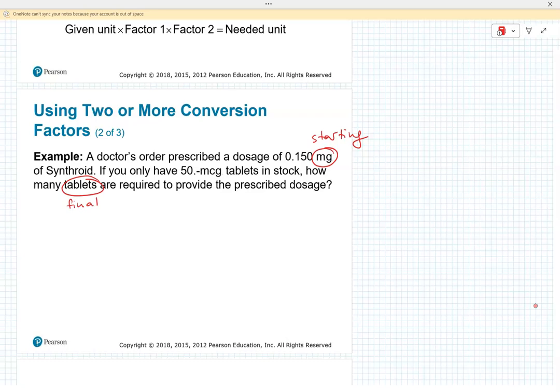Okay. So you start with milligrams and you end with tablets. Okay? Good? So in order to get to the tablets, let's write some equalities.